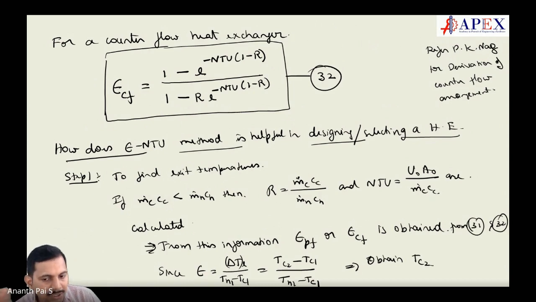The problem was Tc2 as well as Th2 was unknown. In LMTD that was the problem, is it not? Tc2 as well as Th2 was unknown. So here, after doing this, we can calculate Tc2. Once we calculate Tc2, Th2 can be calculated.